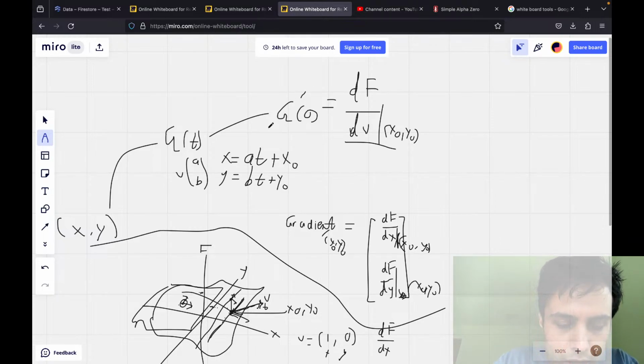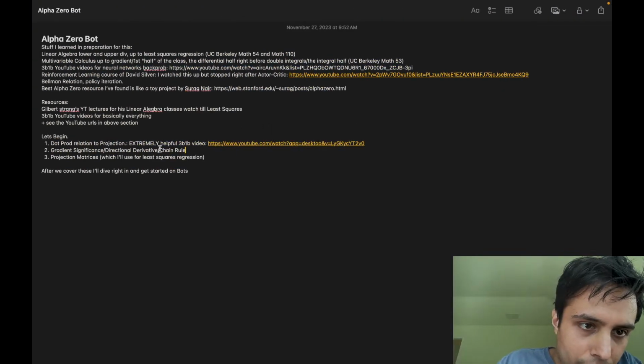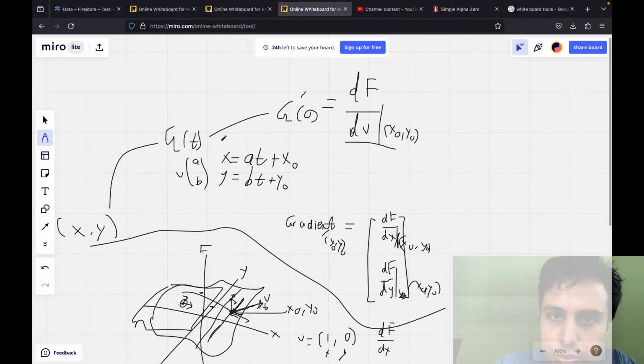So how do we solve this? That's where I added this last thing here, the chain rule. So basically, what is dg dt? Well, we use the chain rule.